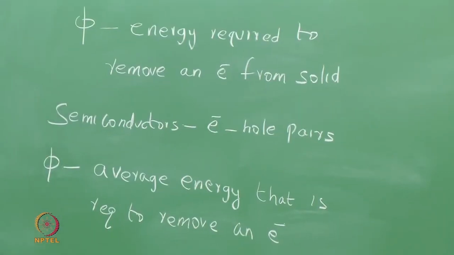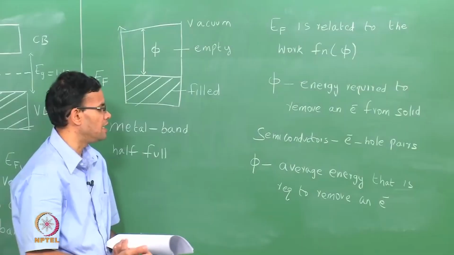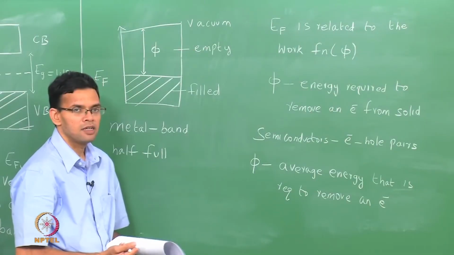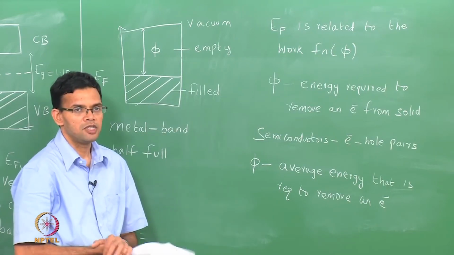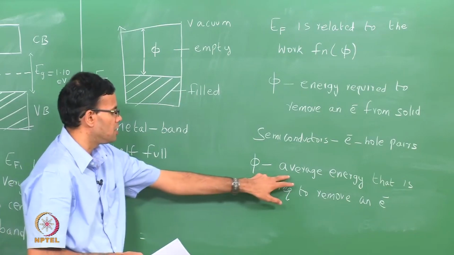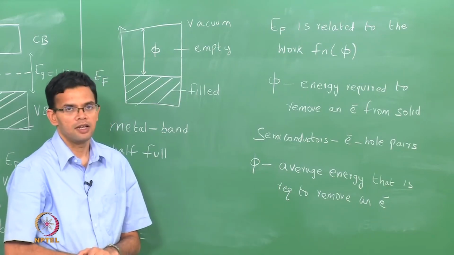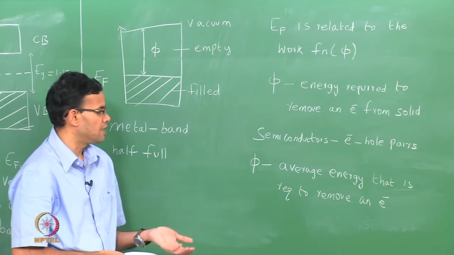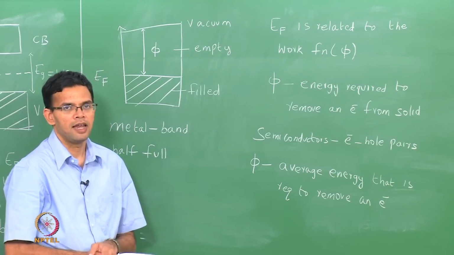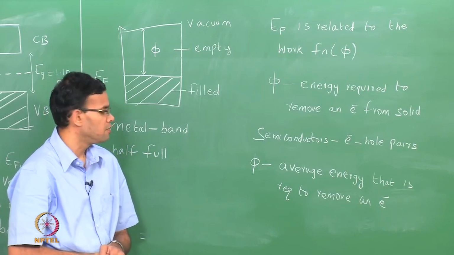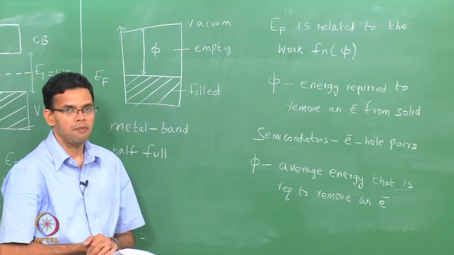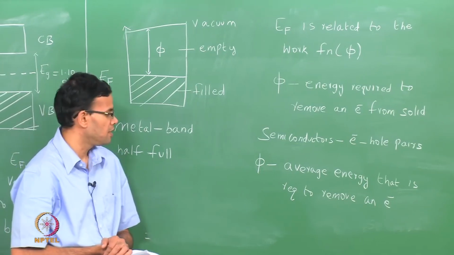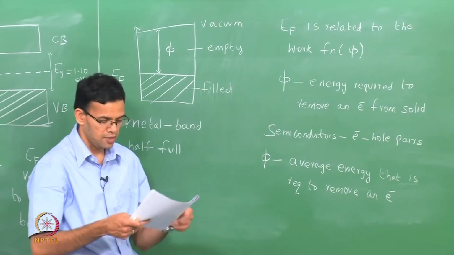So, because we have electrons and holes, electrons in the conduction band and holes in the valence band, and because these are linked, we find that the Fermi energy in a semiconductor is located within the band gap because it represents the average energy to remove the electron. If, as I said earlier, the effective mass of the electrons and the holes were the same, the Fermi energy will be located exactly at the middle of the gap, but because Me star and Mh star are different, it is slightly shifted in the case of silicon.